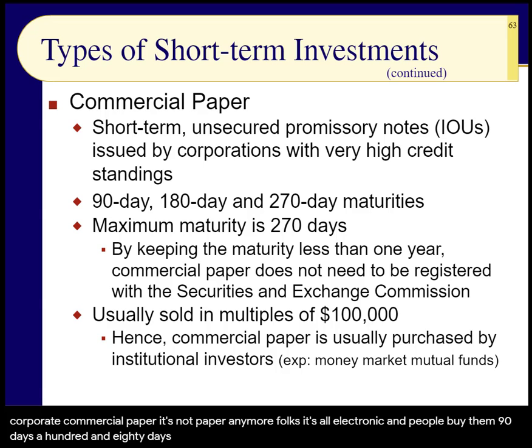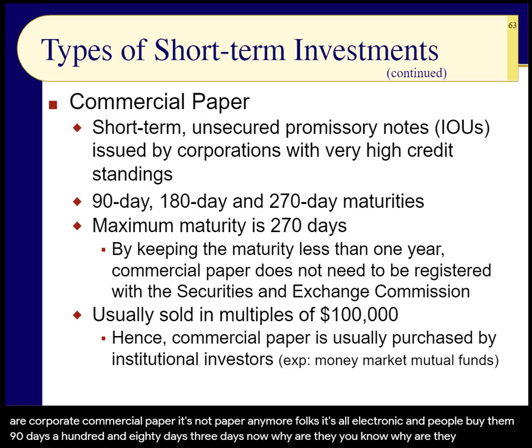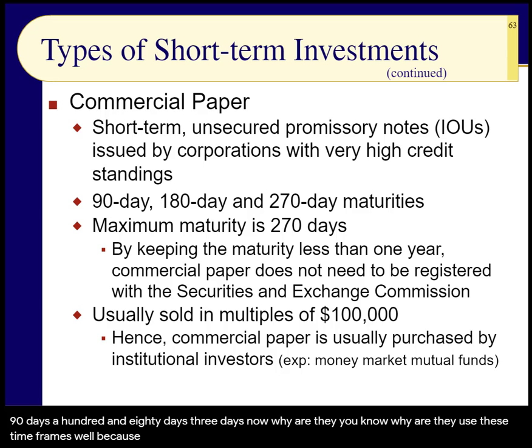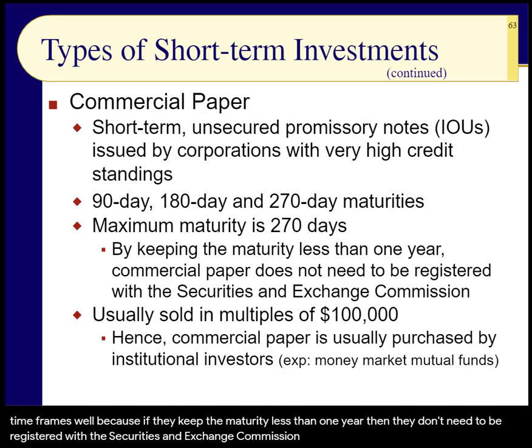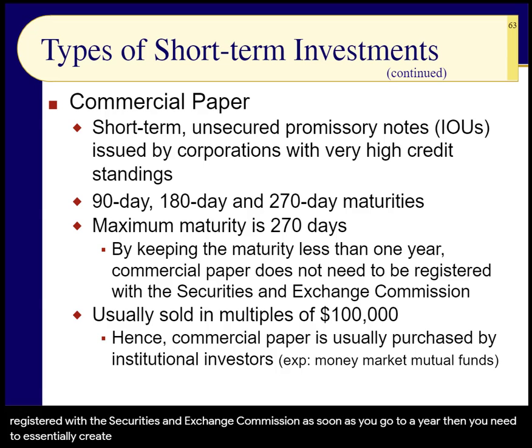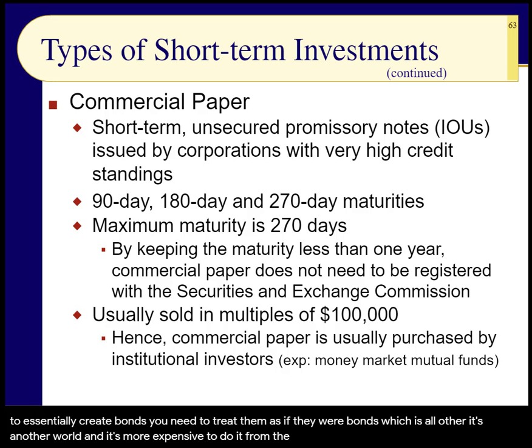Now, why do they use these time frames? Well, because if they keep the maturity less than 1 year, then they don't need to be registered with the Securities and Exchange Commission. As soon as you go to a year, then you need to essentially create bonds. You need to treat them as if they were bonds, which is another world. And it's more expensive to do it from the company standpoint.